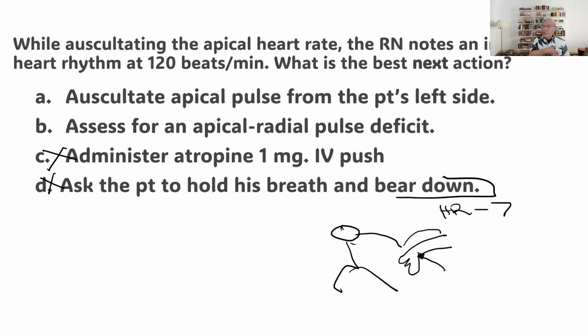To determine the PMI, or the point of maximal impulse, remember you need to put your hands over the precordium and feel where the pulsation is going to be, and that's where the PMI is. So letter A is incorrect because you should examine the apical pulse from the right side. All right? Tricky, tricky, tricky.